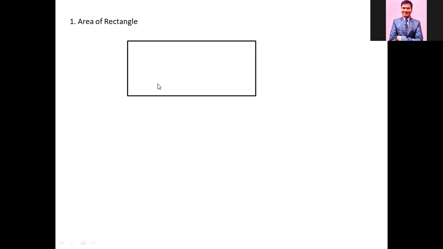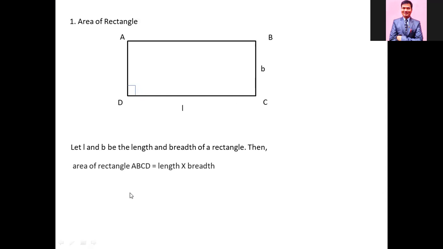This is the figure of a rectangle where length and breadth will be of different size. If length and breadth are given, then look here, one angle will be 90 degrees.